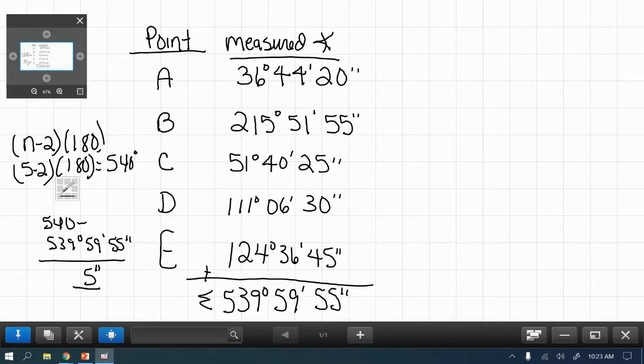So we take your 5 seconds divided by your 5 setups. That would mean 1 second. Agreed? So if I add 1 second to each of those, then it should mathematically close. Every one that we do from the textbook is going to be an even amount where you're not having to have the surveyor get involved. So because we're too low, I need to add.